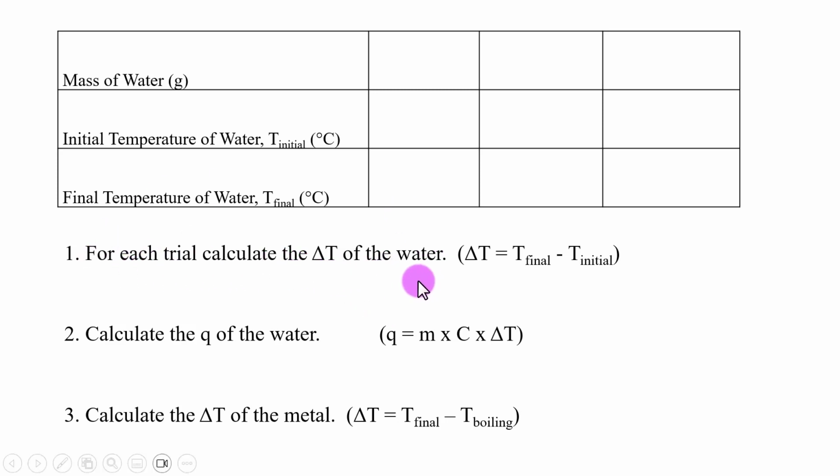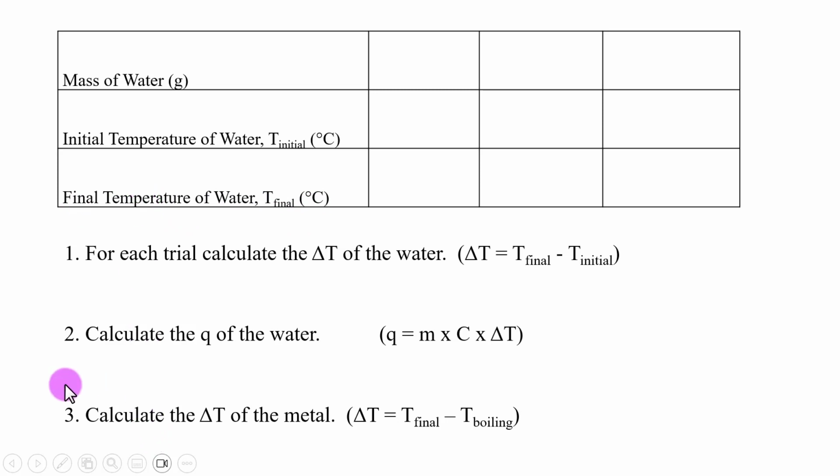To calculate the delta T of the water in the calorimeter, you do the final temperature minus the initial temperature of the water. One more piece, note that the final temperature of the water is also the final temperature of the calorimeter. They end up at the same temperature, and that's why the final temperature is the same for both systems.